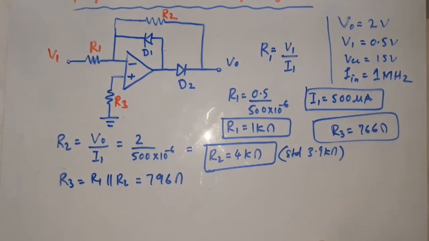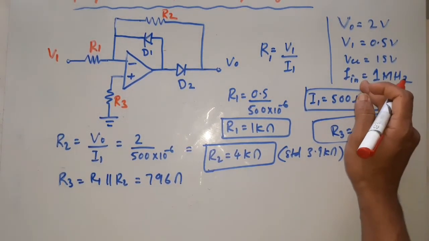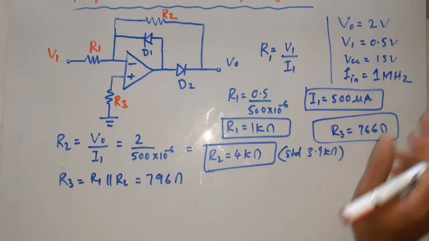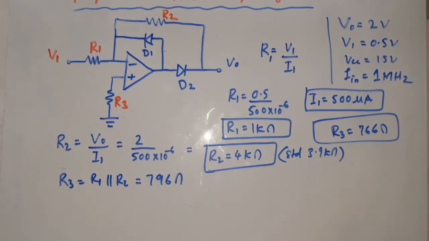Now he has given another piece of information, the input sine wave frequency as 1 megahertz. What is it given for? It is for finding out the TRR value, the TRR maximum value.